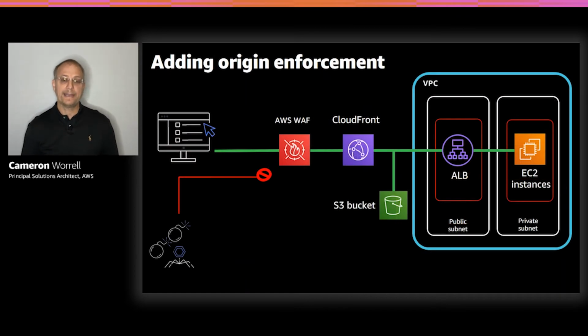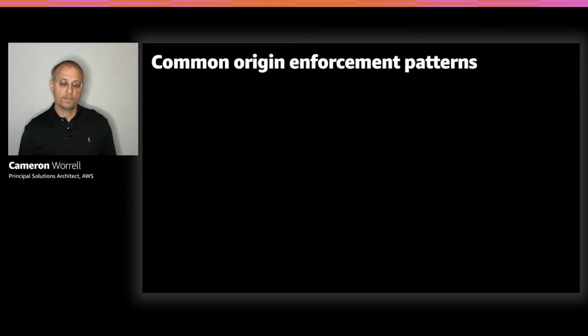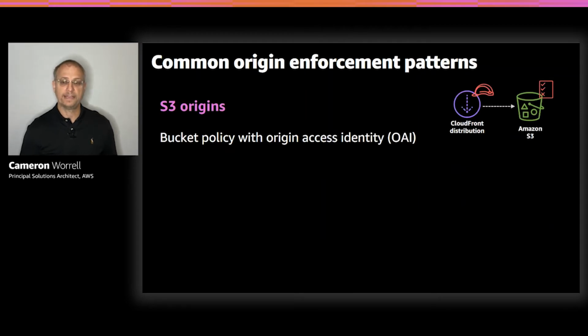So now that we've added AWS WAF for our web application, we need to prevent those malicious requesters from going directly to our origin resources. So let's dive deeper into that aspect now. So there's a couple of patterns that we see here. So first of all, for S3 origins, the most common pattern that you're probably already familiar with is origin access identities.